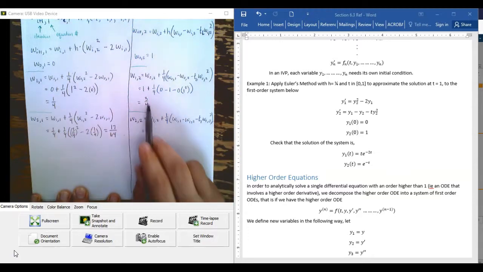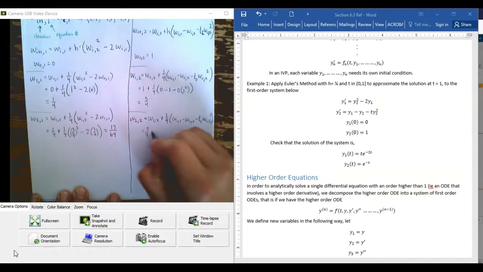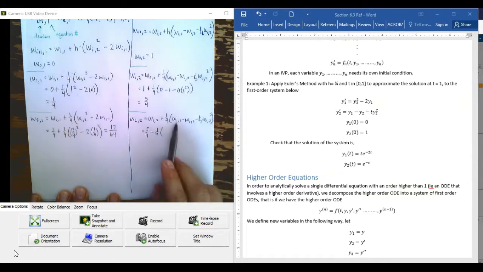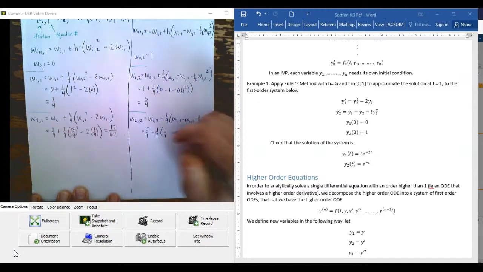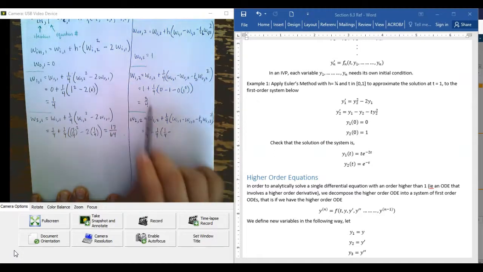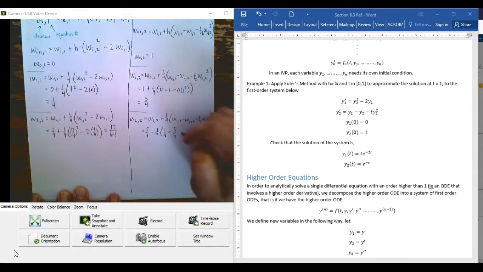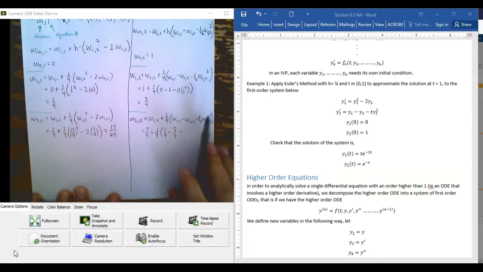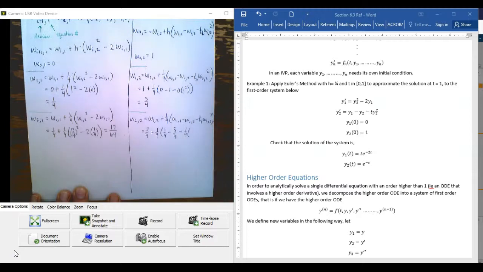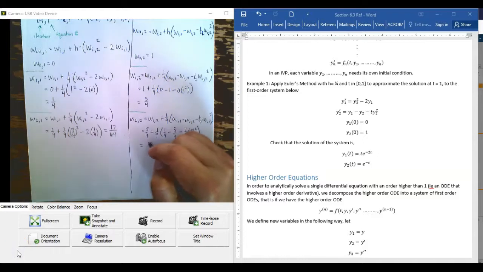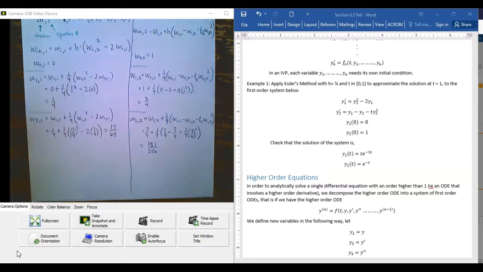So W12 is 3/4 plus 1/4 times W11, which was 1/4, minus W12, 3/4, minus t1. t1 is 0.25, 1/4, times W12 squared, that's 3/4 squared. Let's see what we get here. 151 over 256.